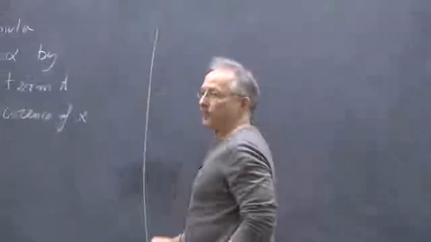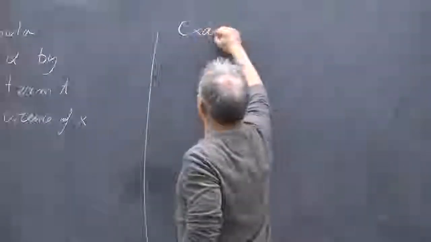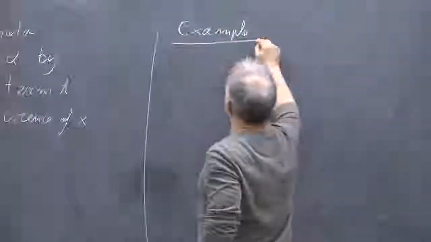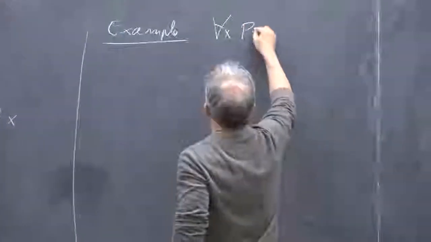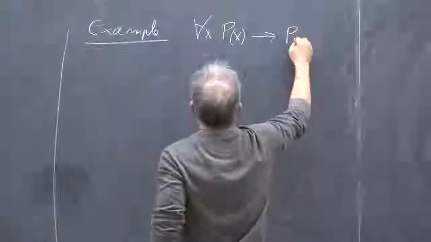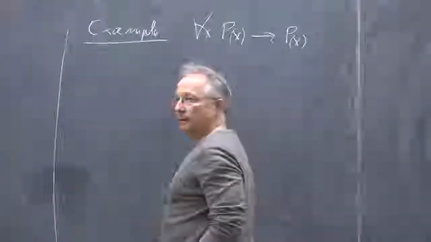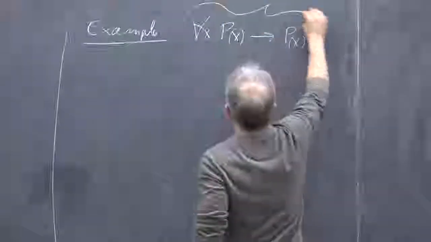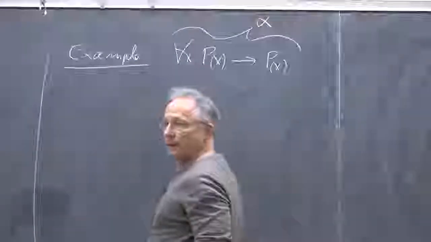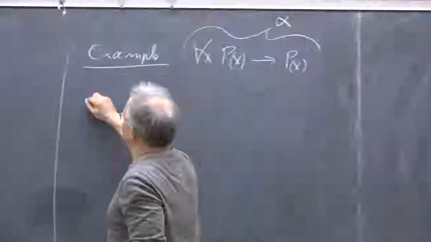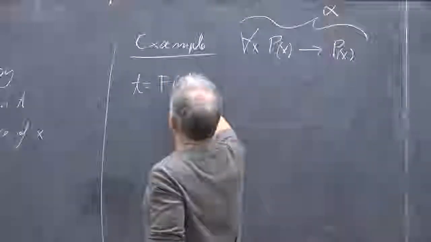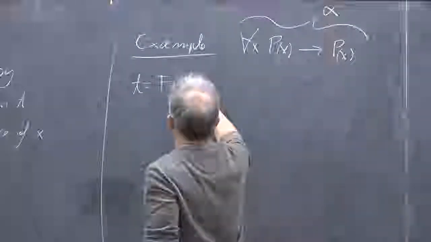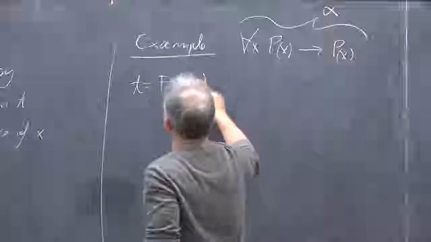So if I have, for example, the formula, so here is an example. Say I look at the formula that says, for all x, p of x, arrows p of x. So let this be my alpha. And let t be some term, say I have a function symbol f of x y.